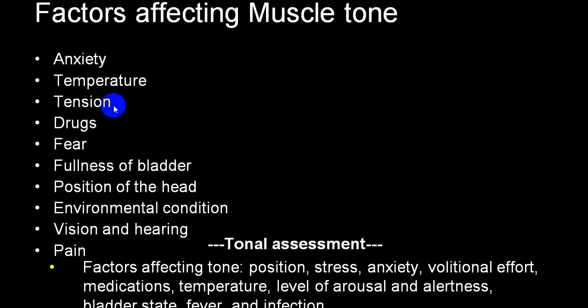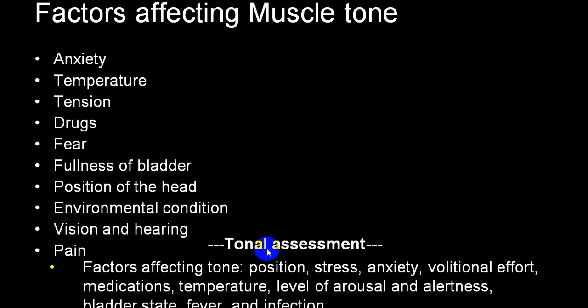Fear and anxiety will increase the tone in the muscle, while certain drugs can reduce the tone in the muscle, it will relax the muscle. Certain drugs, tension, anxiety, fear, full bladder can also increase the tone, position of the head, certain environmental conditions, hearing, etc. can affect the tone.